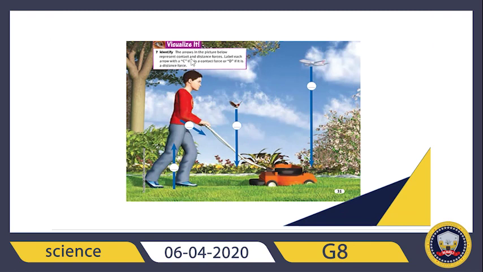As we said, a contact force acts on objects that are touching, while distance forces act on objects at a distance. Label each arrow with a C if it is a contact force, or D if it is a distance force. So guys, let us start with this arrow here.